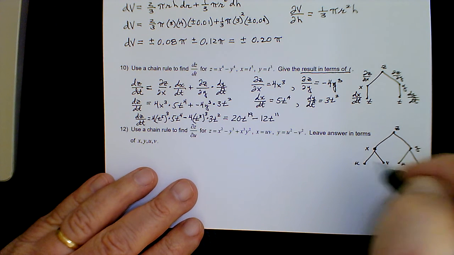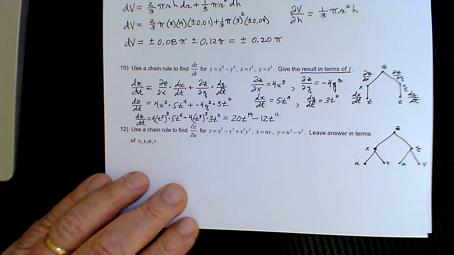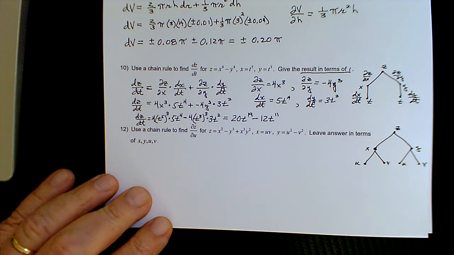So all of these branches are partial derivatives because they're all functions of more than one variable.